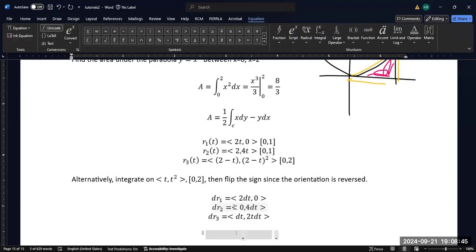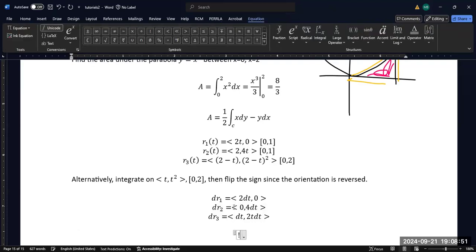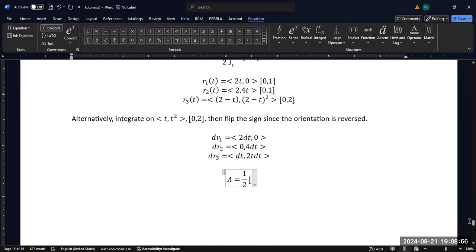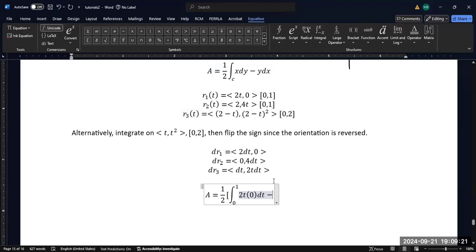Now my 3 integrals then, let's do area is equal to 1/2. And I'm going to put my brackets around all 3 of my integrals. 0 to 1. Now my x for my first one is 2t, dy is 0. And then, again, let's go back and look at our x dy, and then y dx.